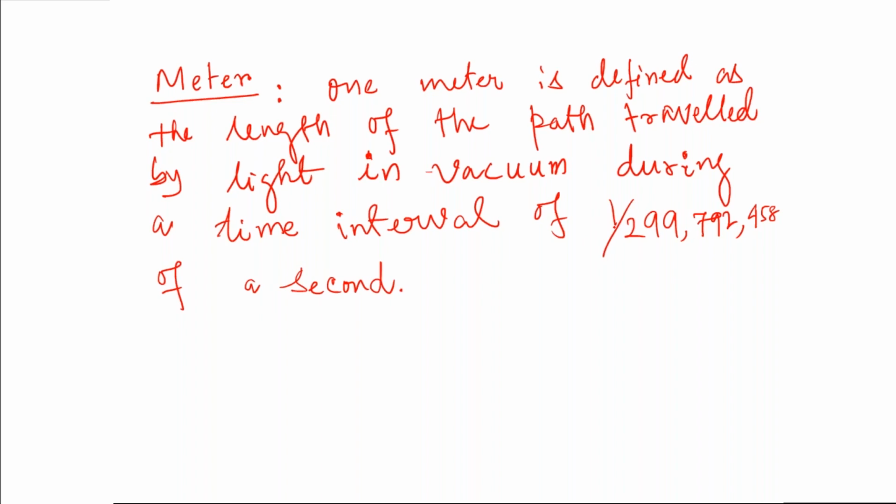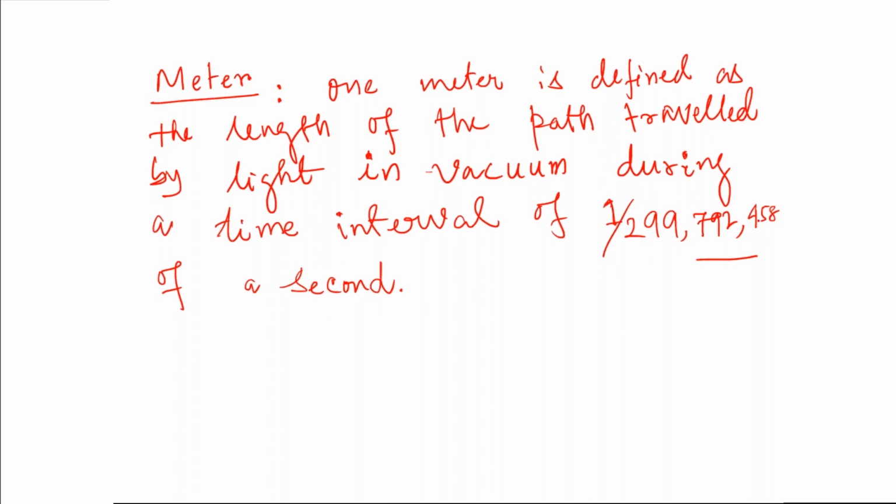That means the distance of the path which light can travel in 1 over 299,792,458 of a second. This is a very small fraction of a second, very negligible.